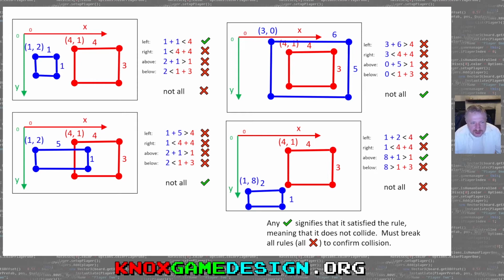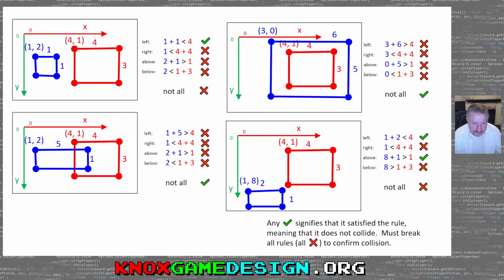In the third example, in the lower left-hand corner, we have the same first rectangle. The second rectangle is at position 1, 2, has a width of 5, and a height of 1. As you can see, if you're watching the video, these two rectangles do collide.